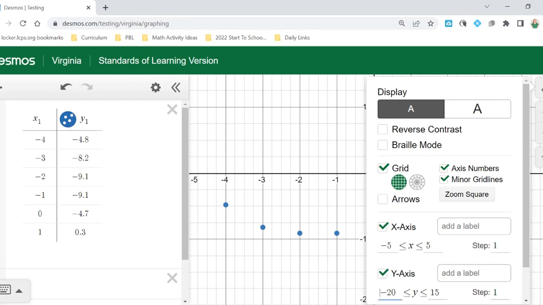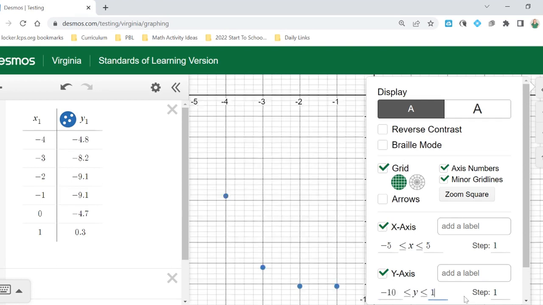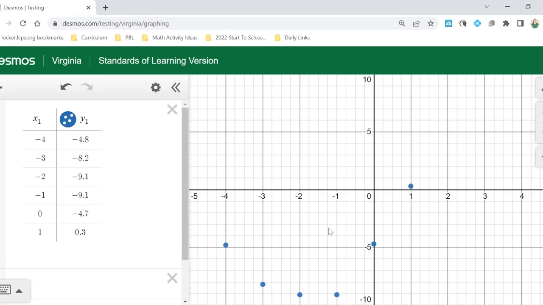And then for my Y values, you see they range from like -9.1 is the lowest to the highest of 0.3. So I'll go from -10 to 10, for instance, just to make sure I see all my data and my points. You can obviously zoom in or zoom out, but this top right wrench icon is a way to really get the axes to be precise.